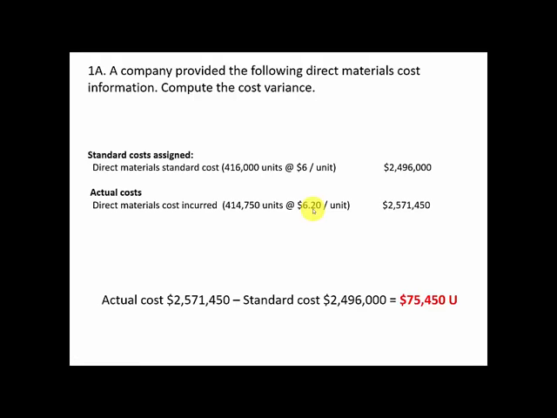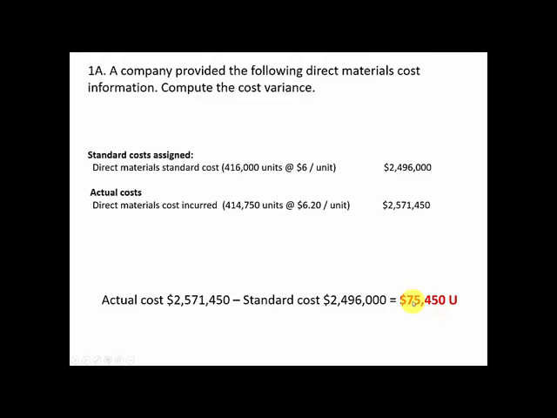And it looks like the actual cost of 2,571,450, which is the actual at actual, compared to the standard at standard, which was 2,496,000, gives us a variance that is unfavorable in the amount of 75,450.